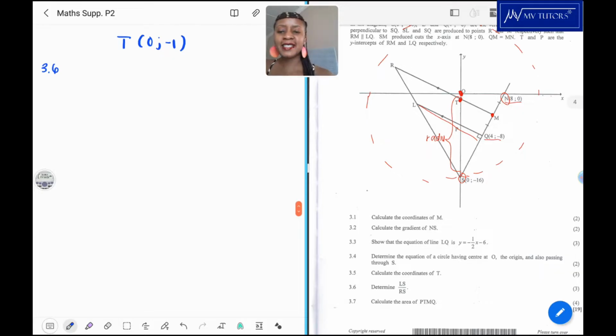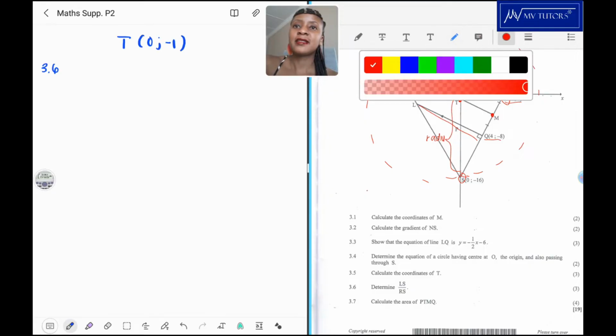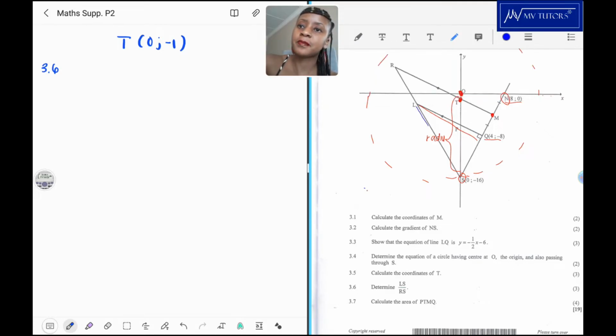It says determine the length LS over RS. So where is LS? Let me see it over there. Okay, there it is. So the length LS over RS. It is 3 marks.